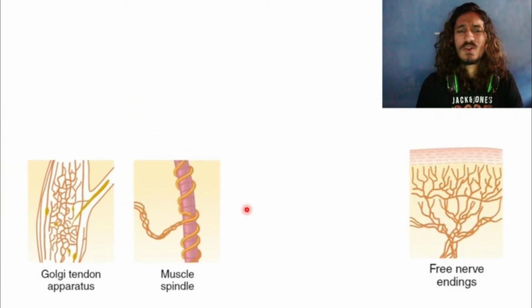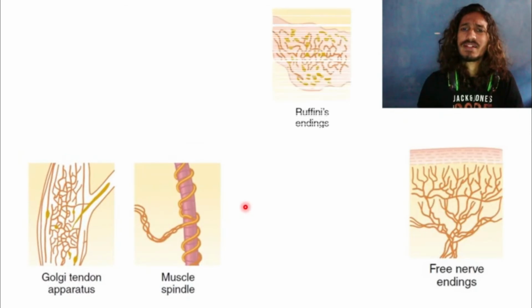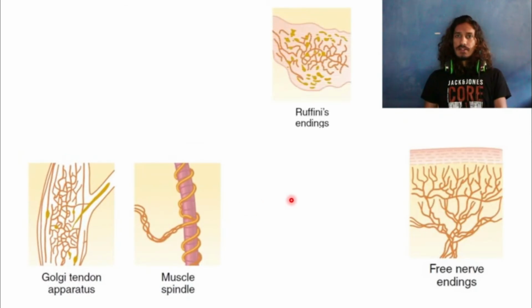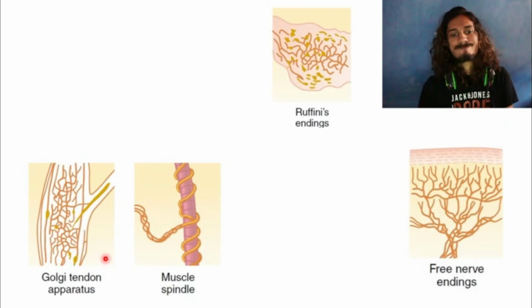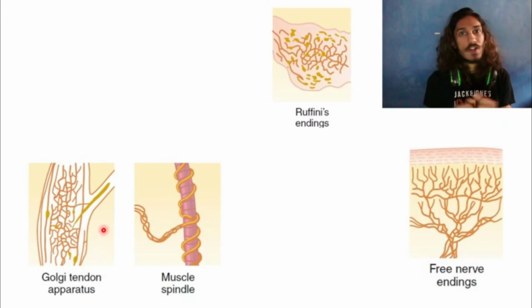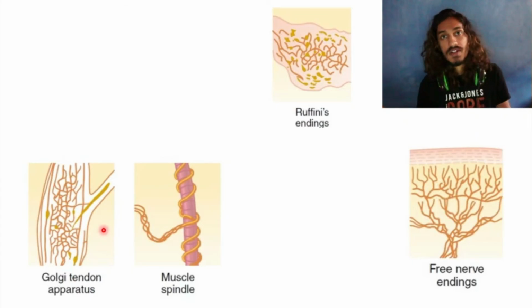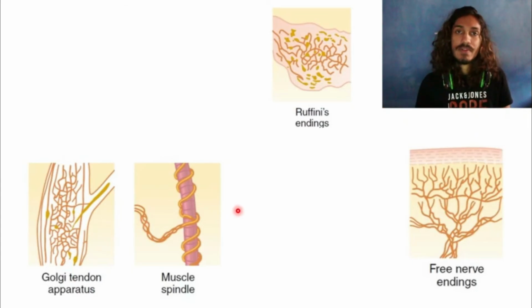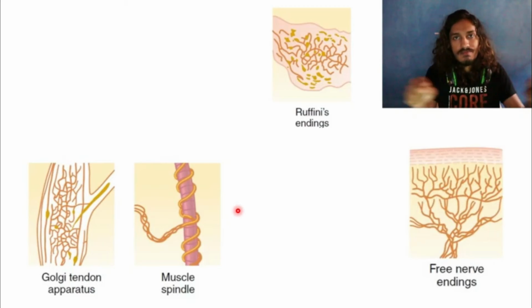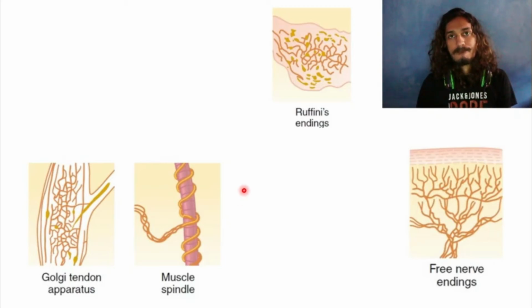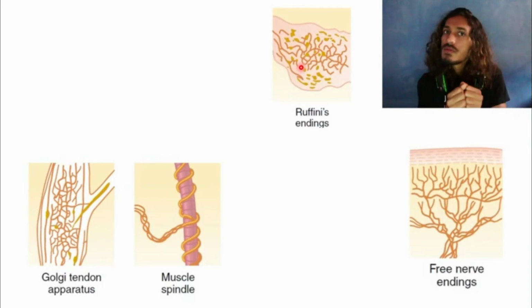Then again, there are the free nerve endings, Golgi tendon apparatus, muscle spindle, Ruffini's ending. Your Golgi tendon is there in your tendon to prevent overstretching. The muscle spindle helps you understand your contraction and the stretch inside the muscle. And your Ruffini's ending, I already told you, detects stretch.